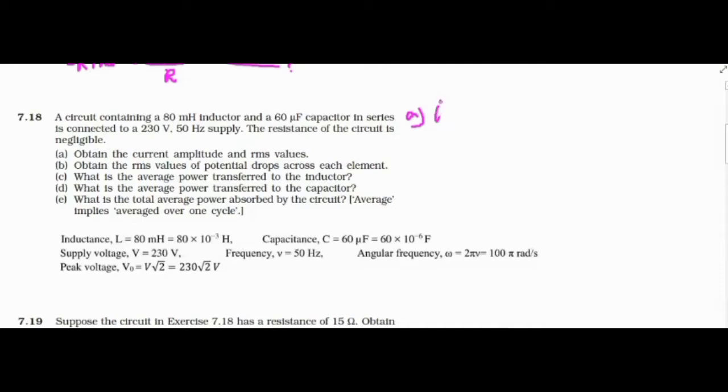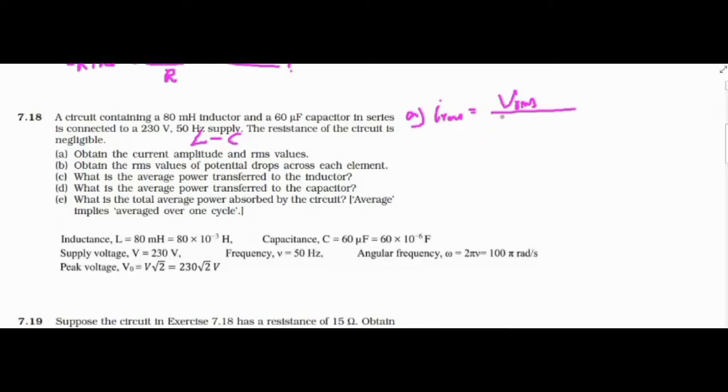So IRMS is equal to VRMS divided by, now it's an LC circuit. So you have to note it's an LC circuit.